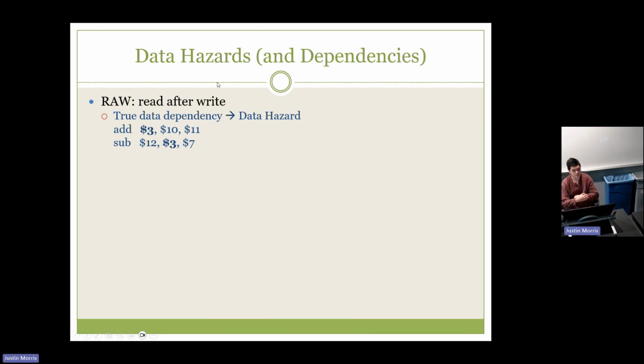Right, so next are data hazards. Read after write. This is a true data dependency, and this would cause a data hazard because this add instruction is going to write to register 3, and it's not going to have the new value of register 3 until what cycle?